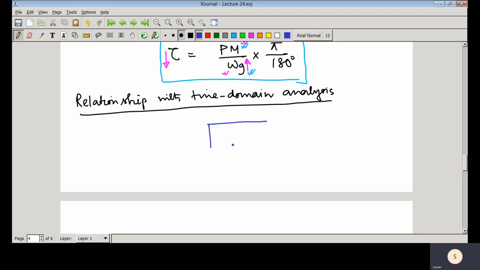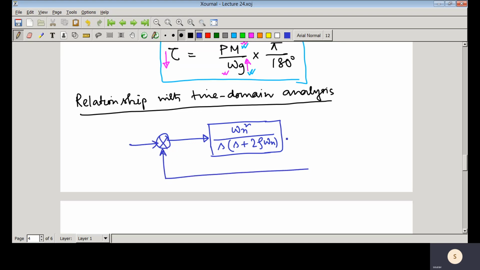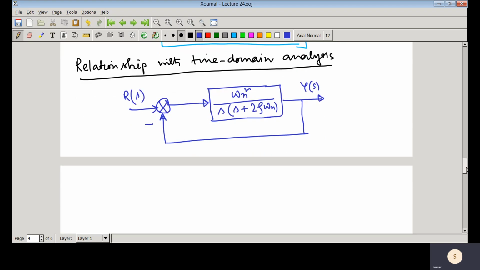So here, whenever we have the loop transfer function, omega n square by s into (s plus 2 zeta omega n), and we close that loop with negative feedback, with this being the reference command and this the output, what is the closed loop transfer function?